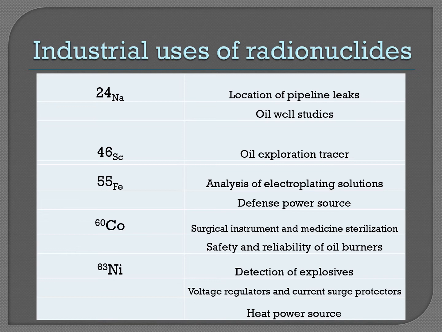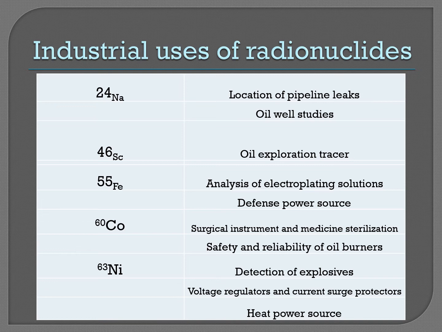Sterilization is the process in which we purify our instruments, and this cobalt 60 is mainly used for sterilization purposes, and it is also used in safety and reliability of oil burners.